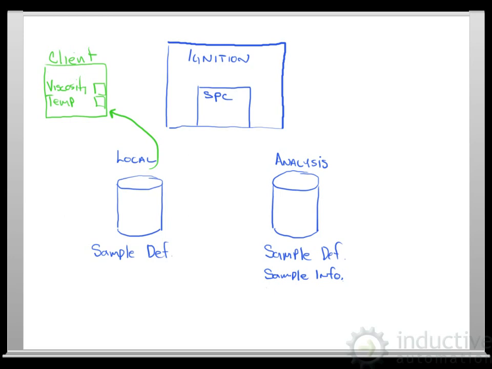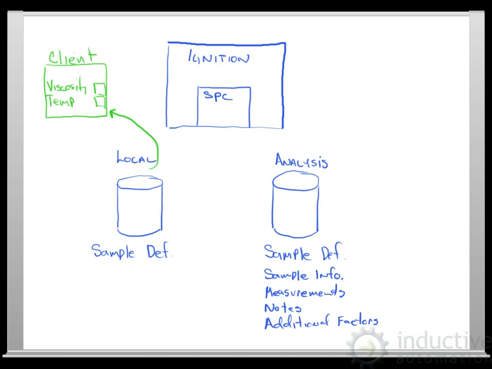And we also have the measurements, any notes that go along with that, and any additional factors. So additional factors are like raw material lot number.